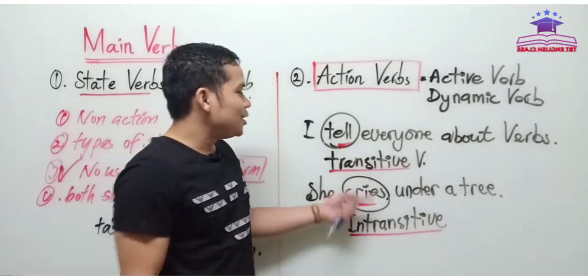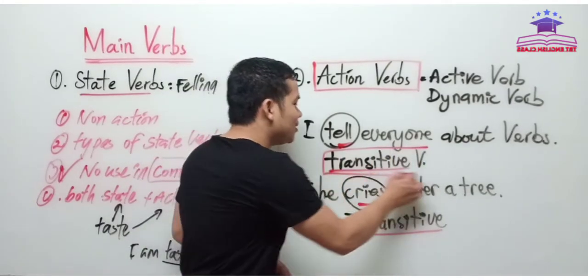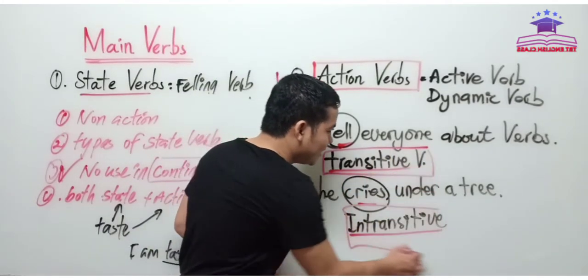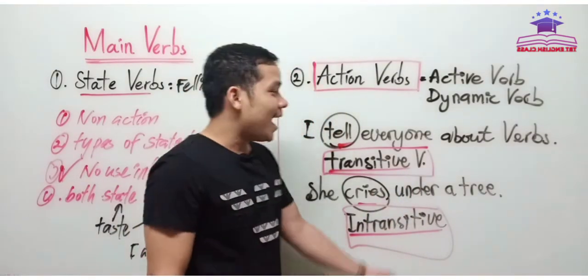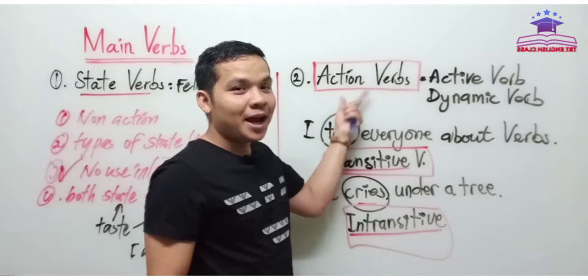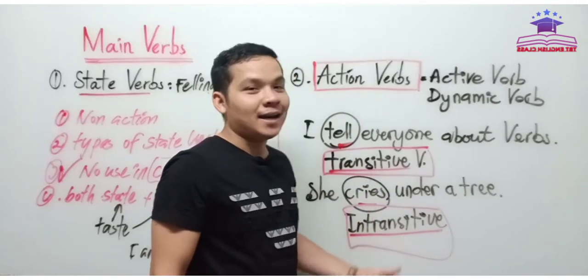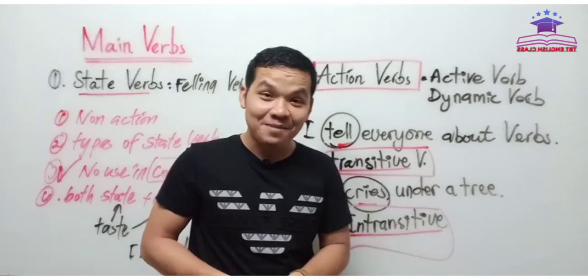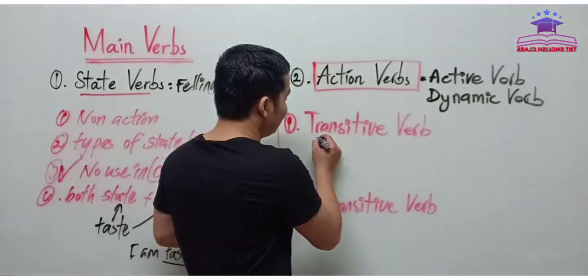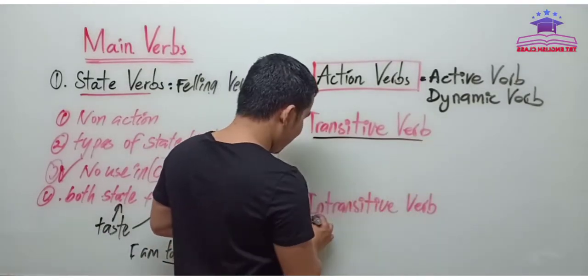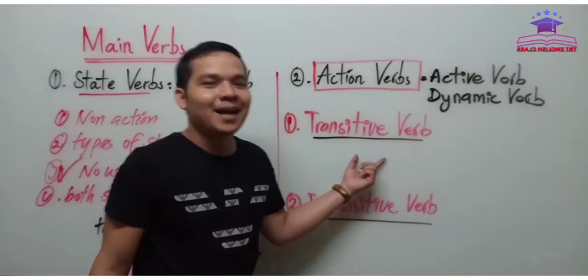So I just want everyone to learn about these two. What is transitive verb, and what is intransitive verb? In English we call it action verb, and we divide it into transitive verb and intransitive verb. Okay, let us see. So what is transitive verb?